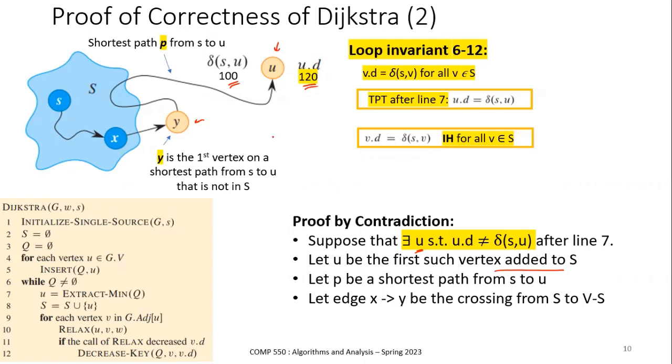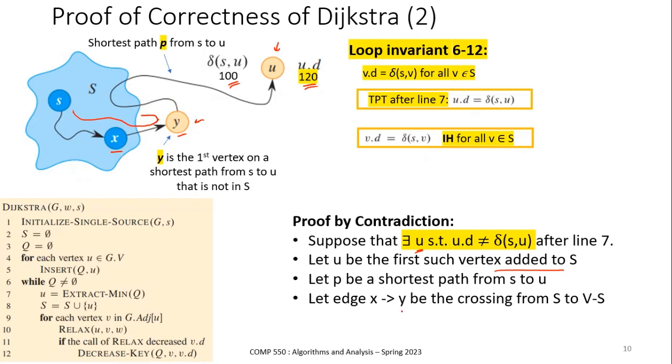Y is the first vertex on the shortest path from S to U. It's not going directly to U, it's going through some other vertex Y. Maybe it takes a loop back into S, but we can neglect that.